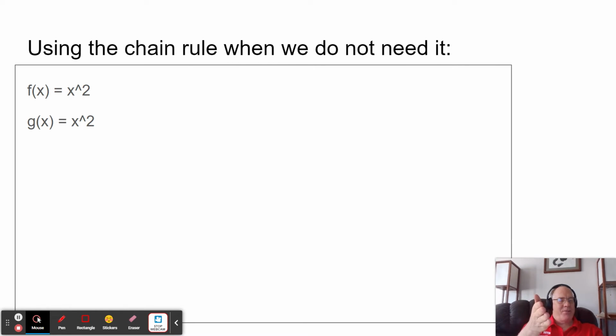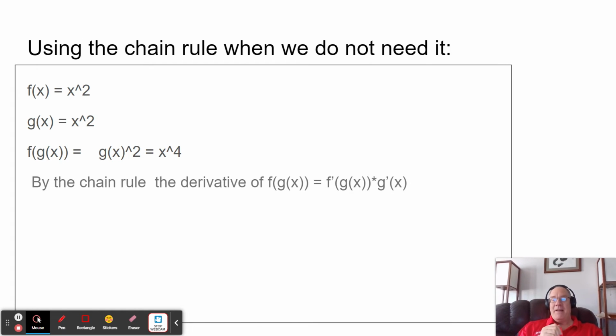Now we have x squared and x squared, you would think, oh, maybe we would get x cubed now, but no, you're going to get x to the fourth power, because you're going to replace x with g of x in f of x, and that's going to be g of x squared. Well, g of x is x squared, so x squared squared is x to the fourth power. Okay. Interesting little side thing is how could we do a composition that came up with x cubed? Don't know off the top of my head, but it's an interesting idea.